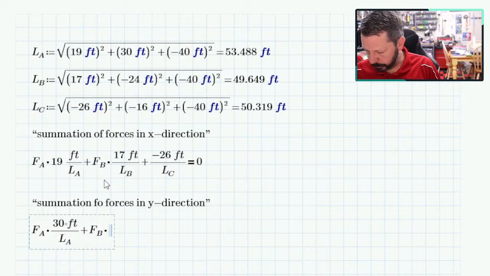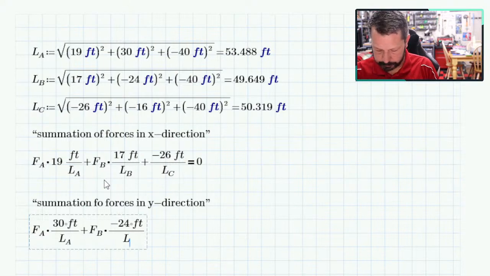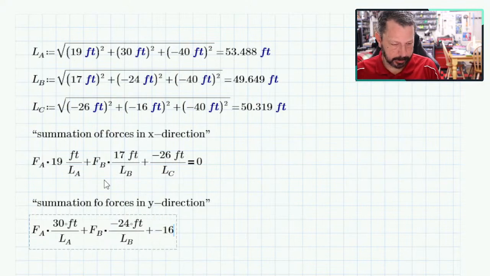So negative 24 here. Let's see, negative 16. Oh, well, I forgot the FC part.